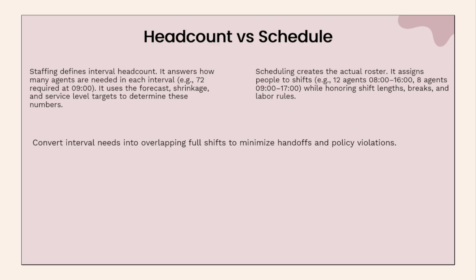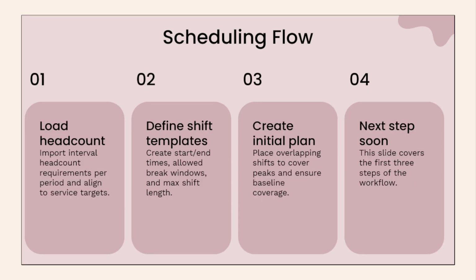We are not just assigning them a shift, we are also checking that we are assigning them a proper timeline. Means we are assigning them a 9 hour shift, their breaks are plotted correctly, their lunch time is plotted correctly, and we are complying with the labor laws also. So schedule means all this. Convert interval need into overlapping full shifts to minimize handoffs and policy violations.